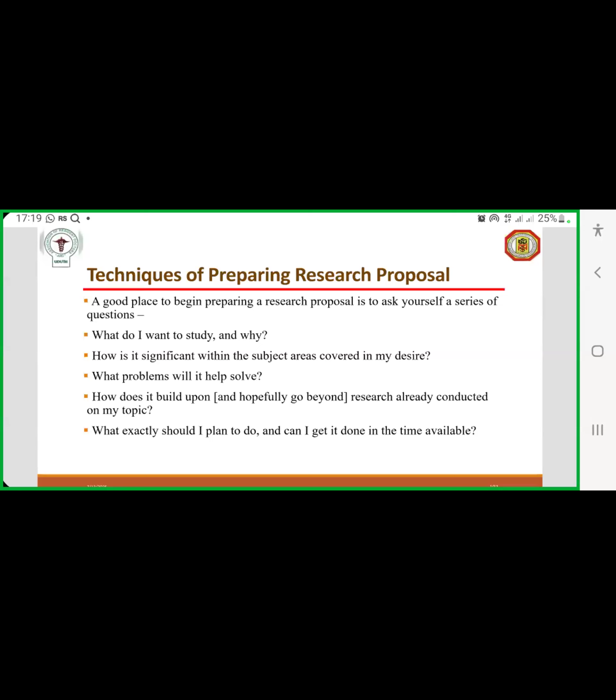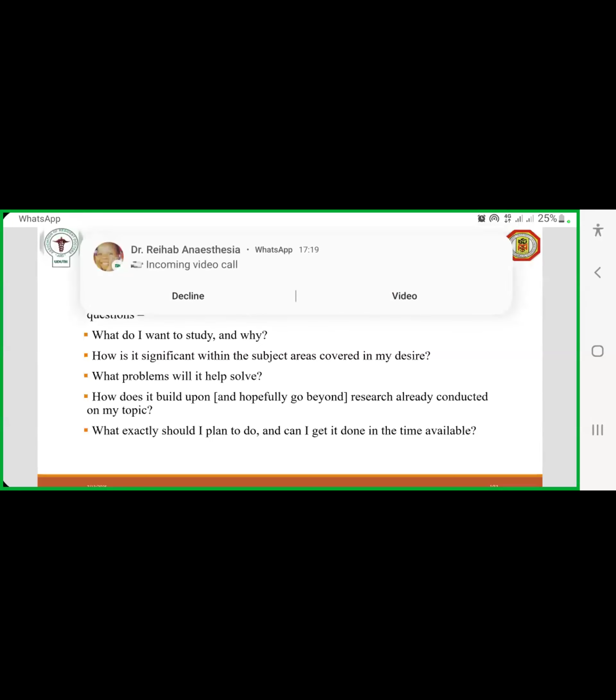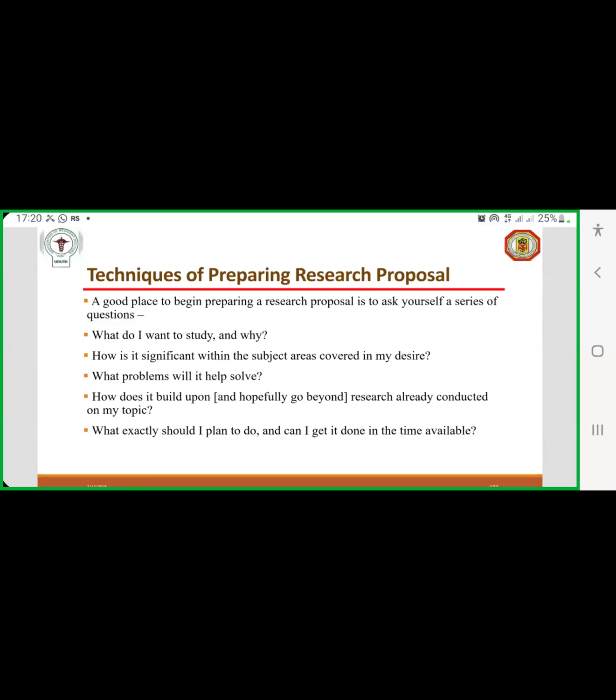Everything that you think you want to study, you must have interest in, and you must make sure that this topic is researchable. This topic is researchable and can be solved within the particular time before going for the exam. Then, why do I want to study this area? You have to also answer that.